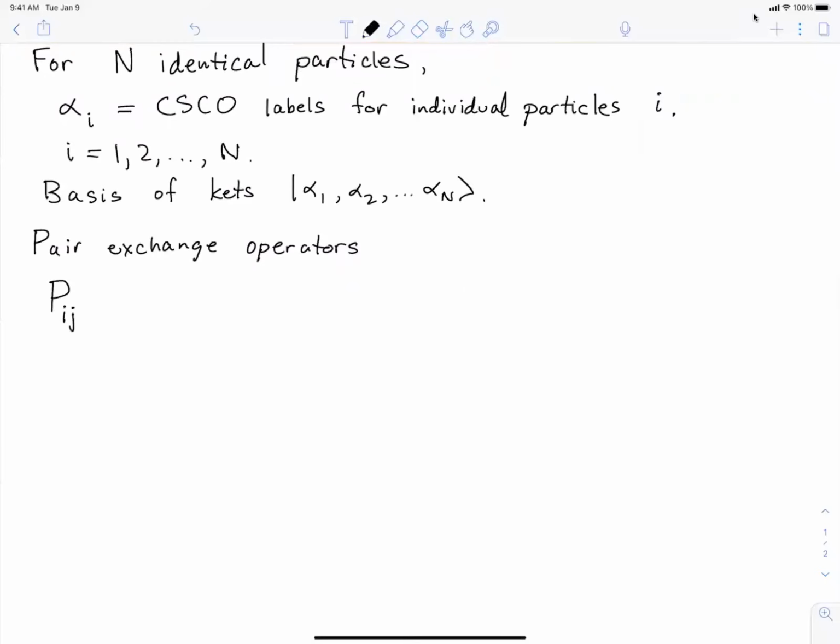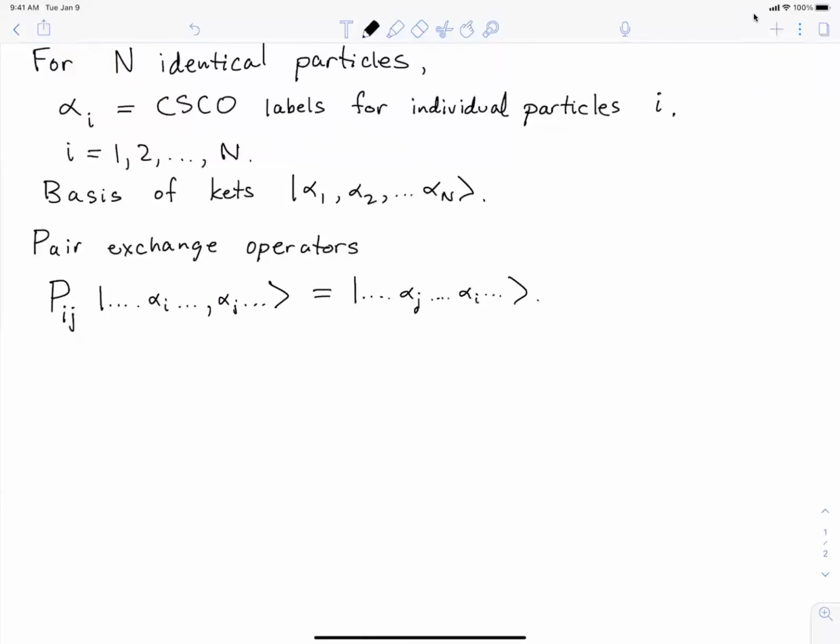P sub ij acting on a state where the ith label was alpha I and the jth label was alpha j, just gives back a state where the ith label is now alpha j, and the jth label is alpha I from the original state.